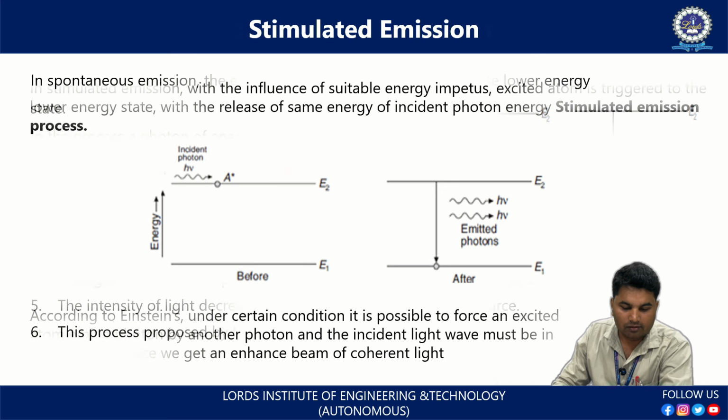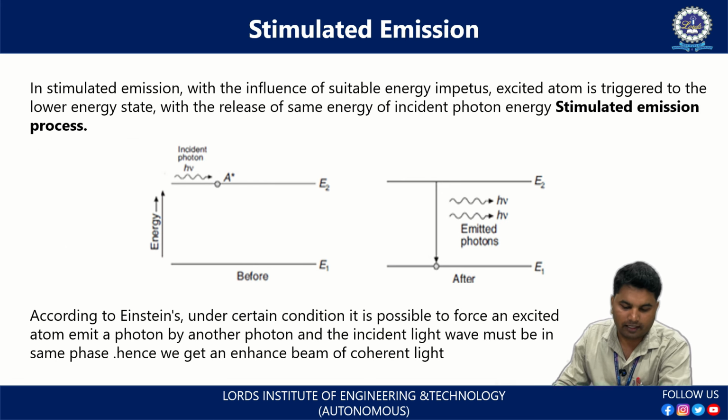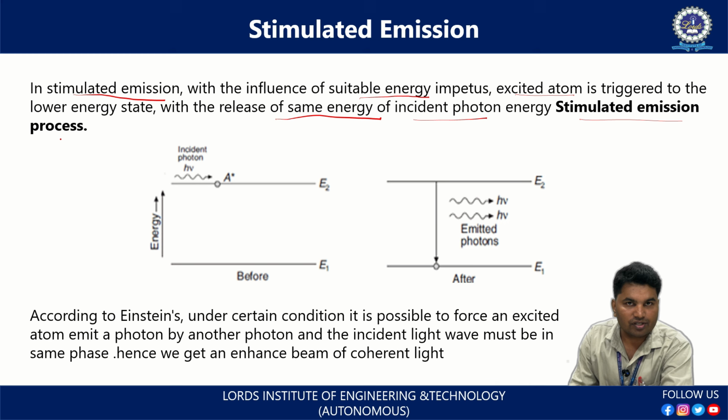Let's see how things are happening in stimulated emission. In stimulated emission, with the influence of suitable energy impetus, the excited atom is triggered to the lower energy state with the release of the same energy as the incident photon energy. It is termed as stimulated emission process. As we can see in the diagram below, here there is an atom from stage 1 of absorption consideration, which has already absorbed a photon and moved from ground state to higher energy state.